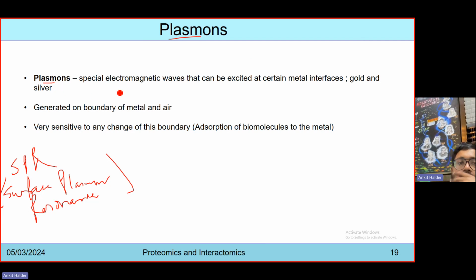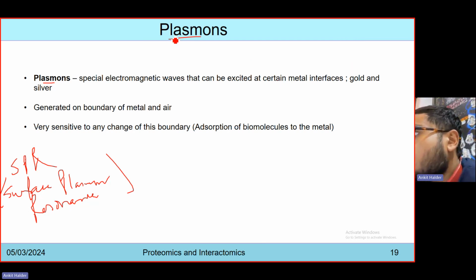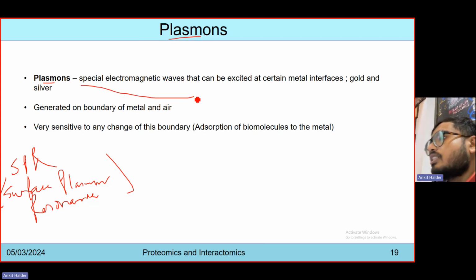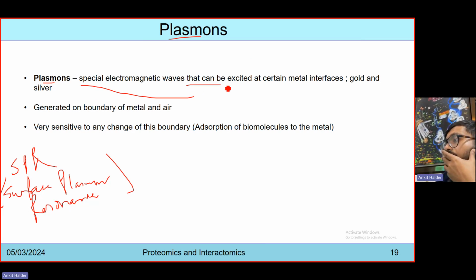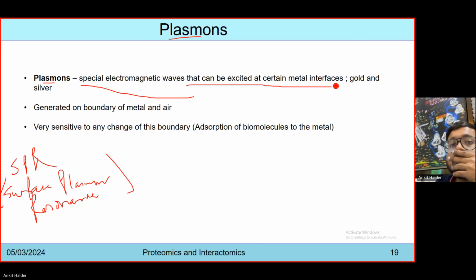Plasmons are special electromagnetic waves that can be excited at certain metal interfaces, like gold and silver.